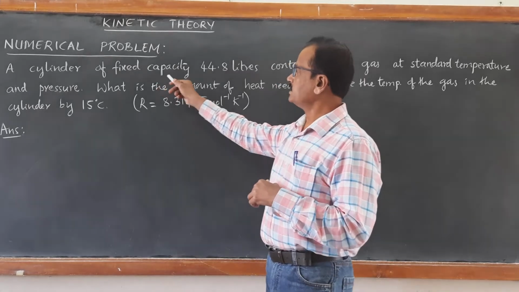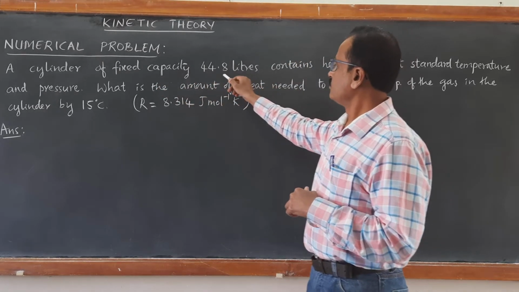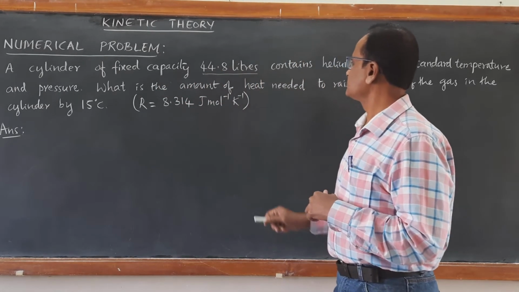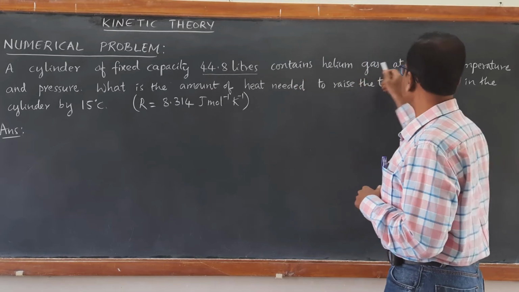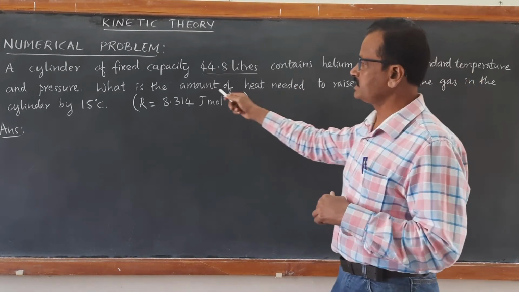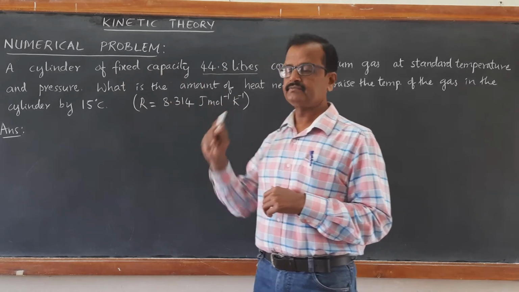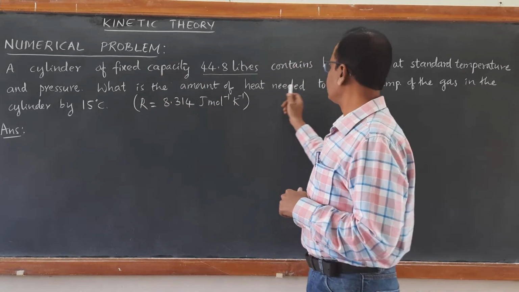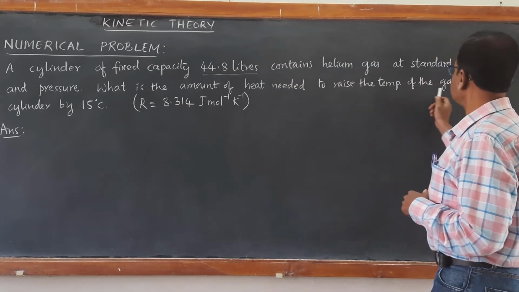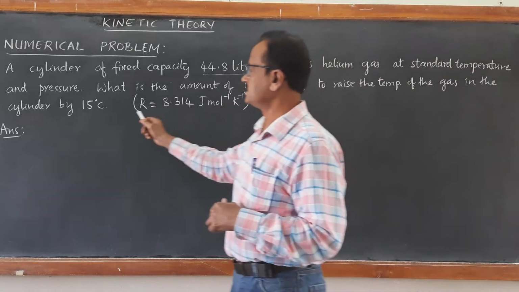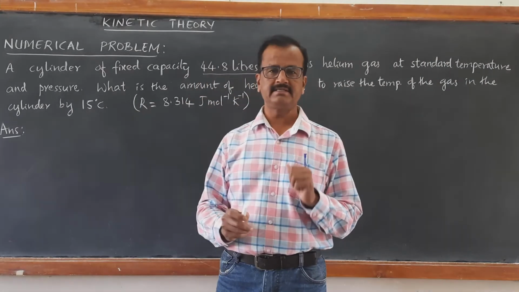A cylinder of fixed capacity 44.8 liters contains helium gas at standard temperature and standard pressure. What is the amount of heat needed to raise the temperature of gas in the cylinder by 15 degrees Celsius?